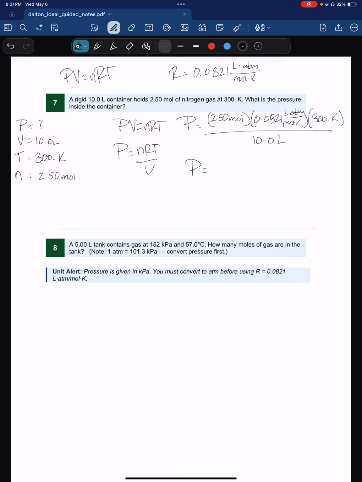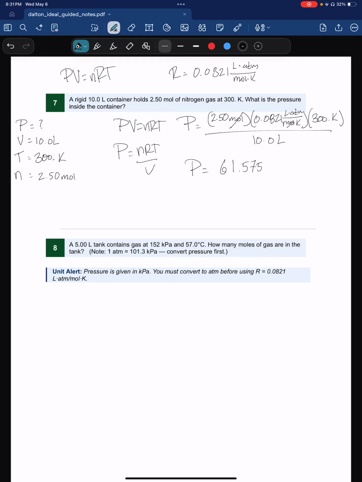And so our pressure then, if we plug that into our calculator, is 61.575.